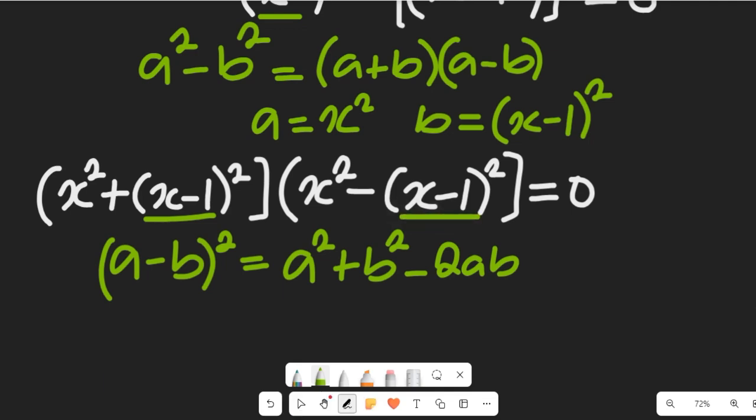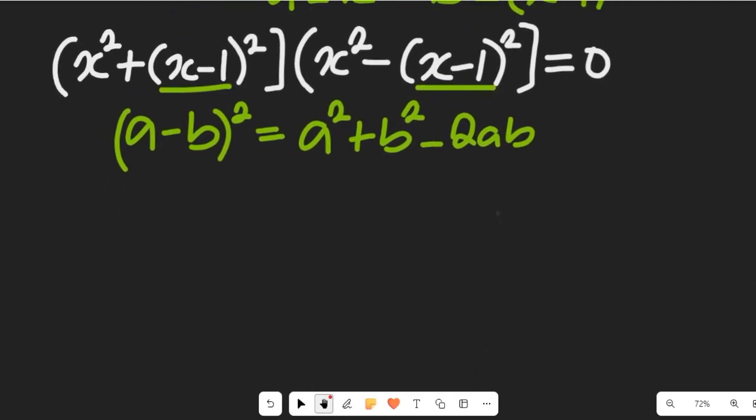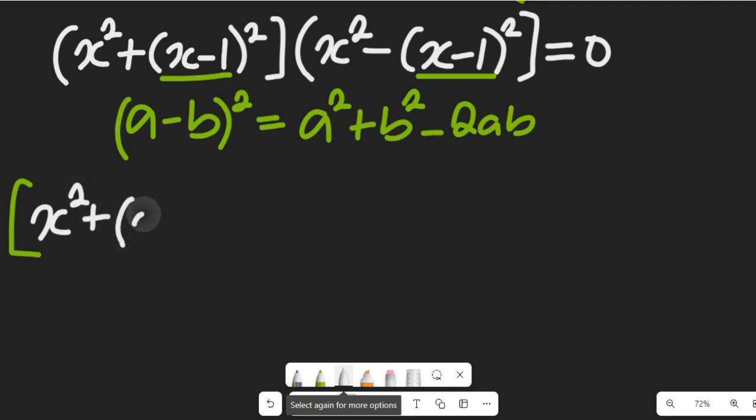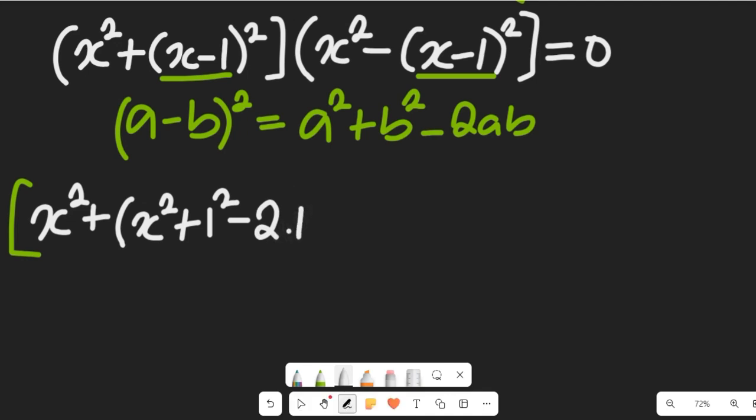If we use that to replace those expressions, we now have x squared plus (x squared plus 1 squared minus 2 multiplied by 1 multiplied by x), and all these will be in a closed bracket.